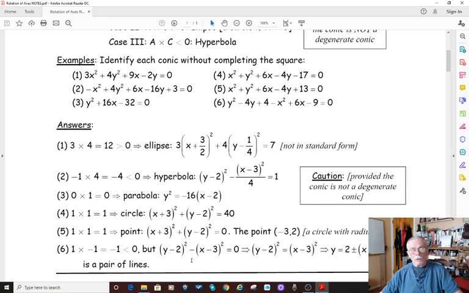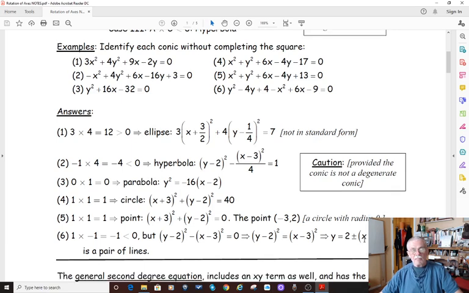But if you go ahead, it turns out that you get a 0 here. And what that means is if you push this term over to the other side, take a square root, you get a plus or minus, and then add 2, what you get actually is a pair of lines. And that will occur in a situation where the plane that cuts the double cone is running right along one of the edges of the cone.